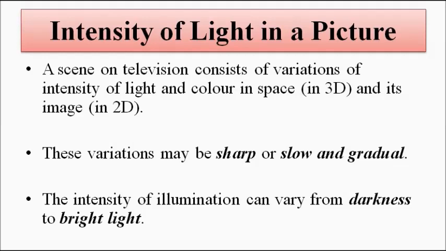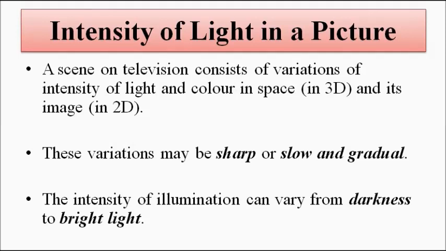A particular scene on television can consist of a variety of intensity of light and color which is emitted, and these variations, or fluctuations, can be very fast and sharp in nature, or continuous, gradually increasing or decreasing, or slow.